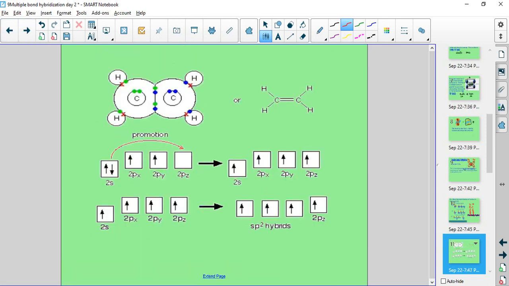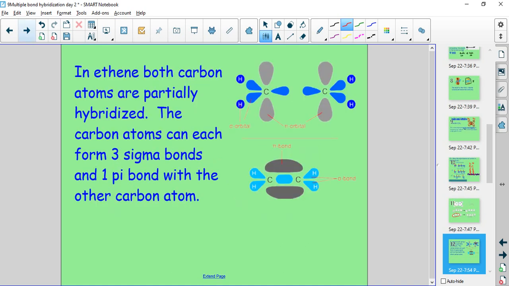Right, just another picture here. You see a promotion of that electron to create those 4 suborbitals that were needed. And then we have a hybridization of these 3 suborbitals to give you an sp2 hybridized state, and your unhybridized 2pz orbital looks like this. That creates a funny shape. So in ethene, again, here we have a hydrogen s orbital colliding with your sp2.